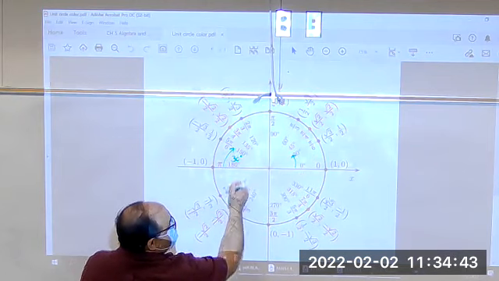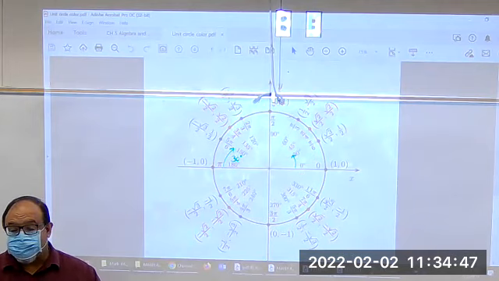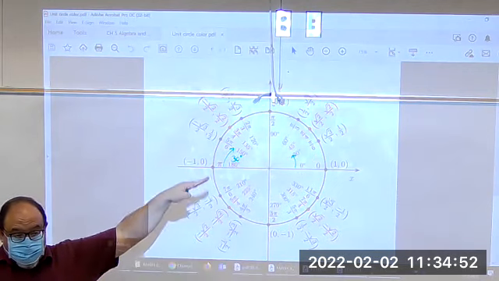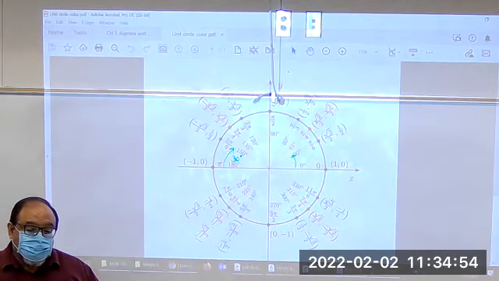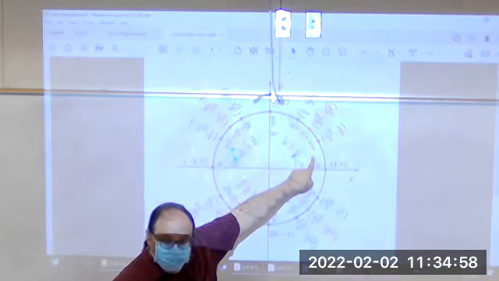This is 30 degrees of opening from the x-axis. When you have the same amount of opening from the x-axis, you are a reference angle. The reference angle is 30 degrees.